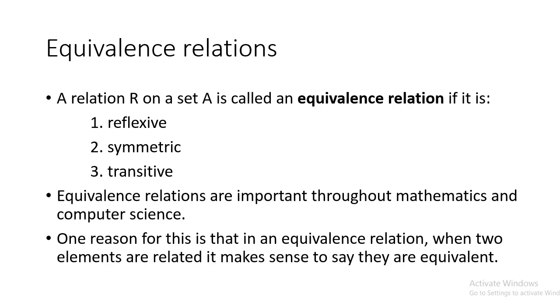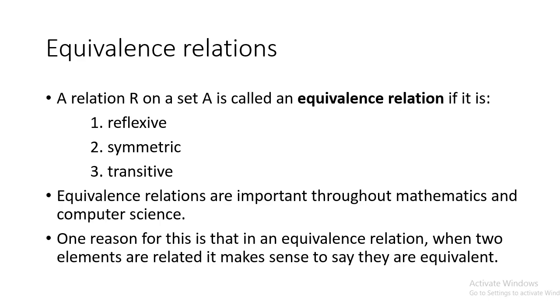A relation R on a set A is called an equivalence relation if it is, first, reflexive, second, symmetric, and third, transitive. If all these conditions are satisfied, then we can say that the relation R on a set A is called an equivalence relation.